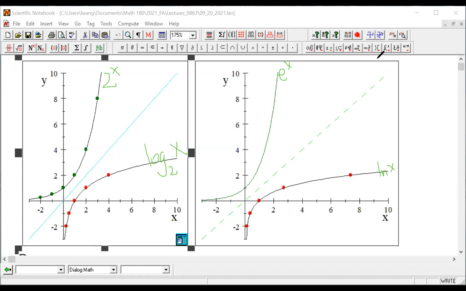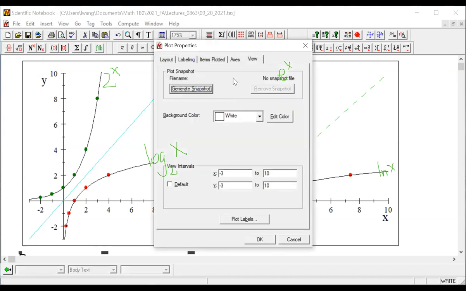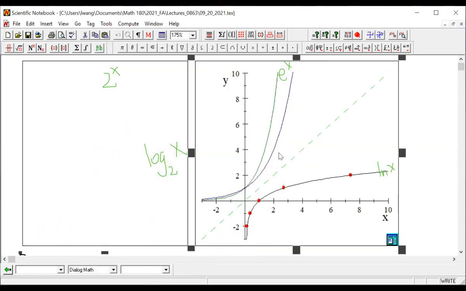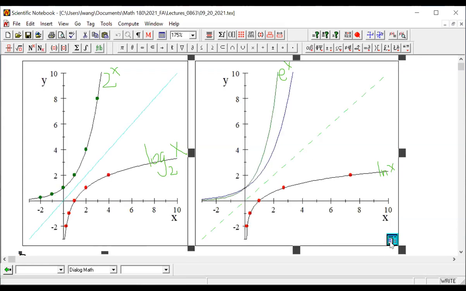Let's do it. I'm going to graph 2 to the power x in that picture. Let's choose a color, maybe blue. 2 to the power x. You see on this side, on the other side, do you see that? How about log base 2 of x?